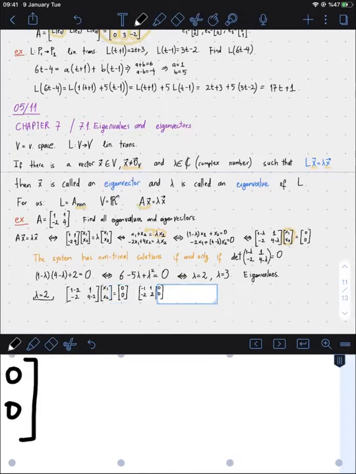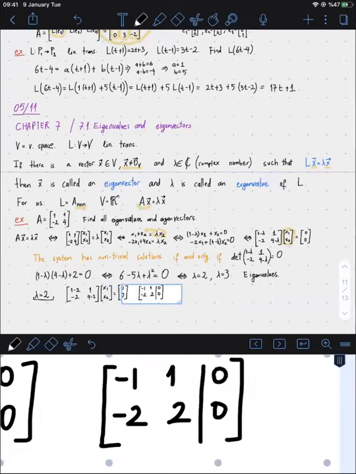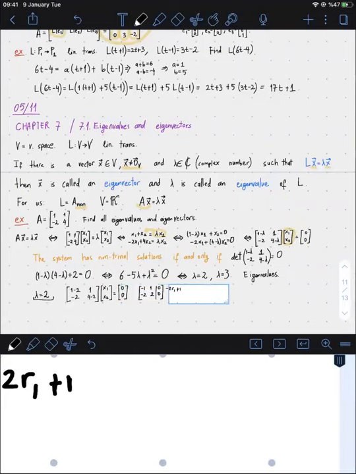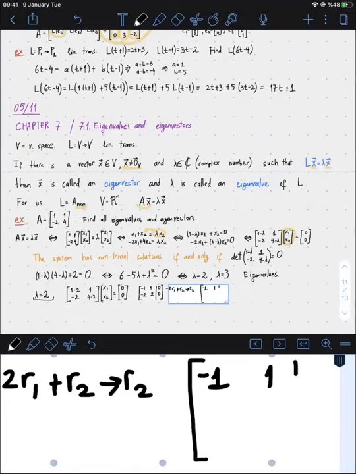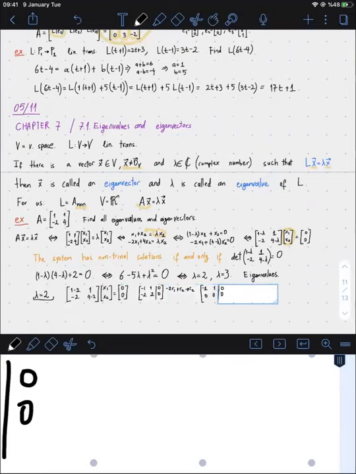Then we do row echelon reduction, right? How does it work? Basically, the second row is a multiple of the first row, okay? So if I write minus 2 times the first row plus the second row to the second row, I get 0 and 0 here.